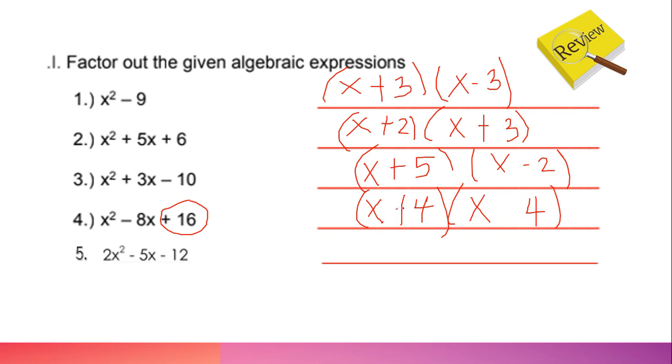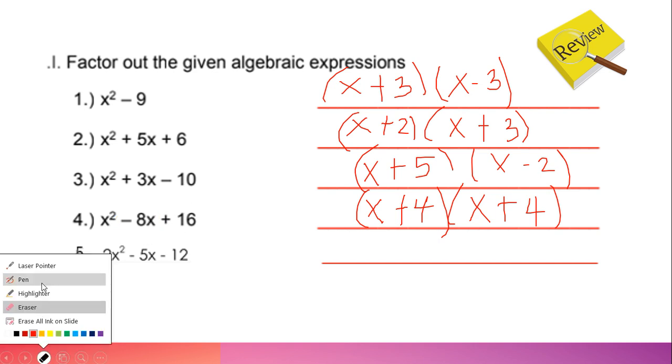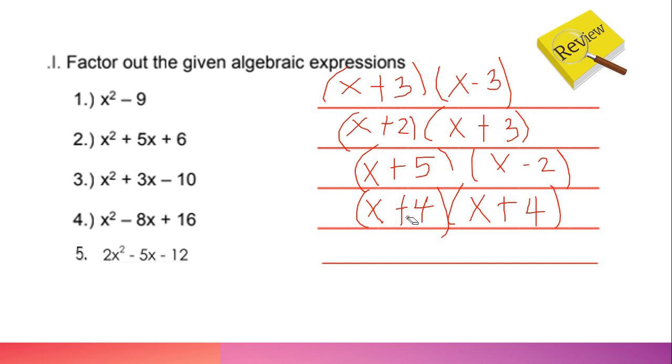If both are positive, the middle term should also be positive, but the question here is negative. That's why x plus 4, x plus 4 is wrong. What should I put? Both negative. Because negative 4 times negative 4 is positive 16, and negative 4 plus negative 4 is negative 8.